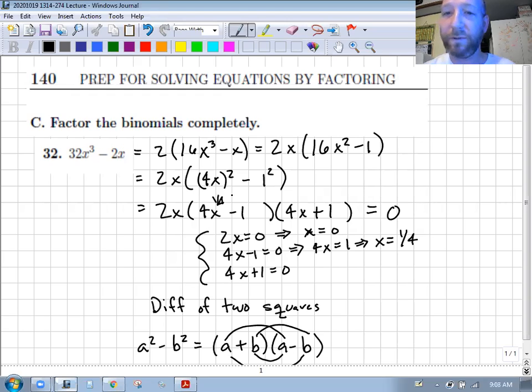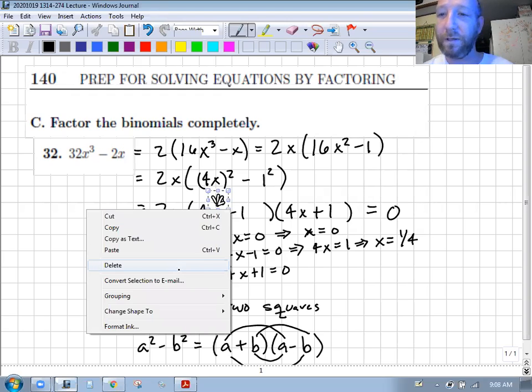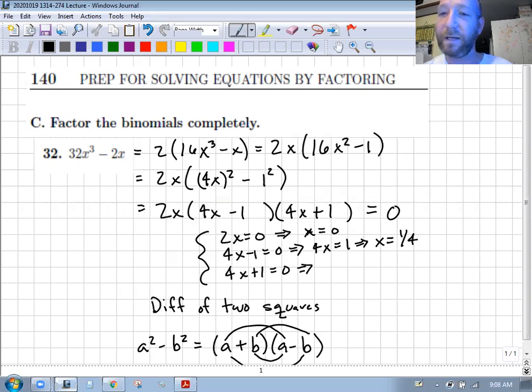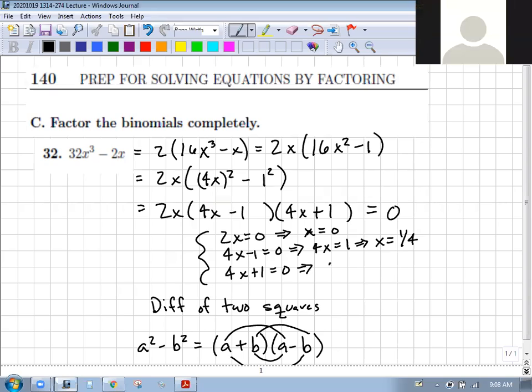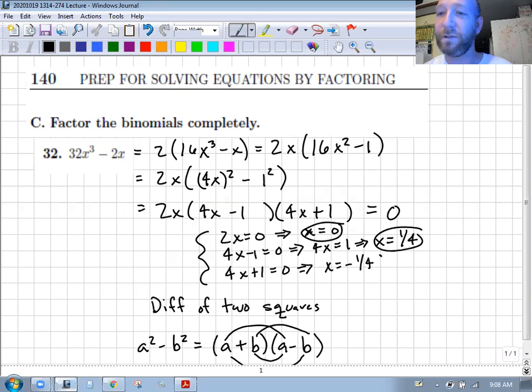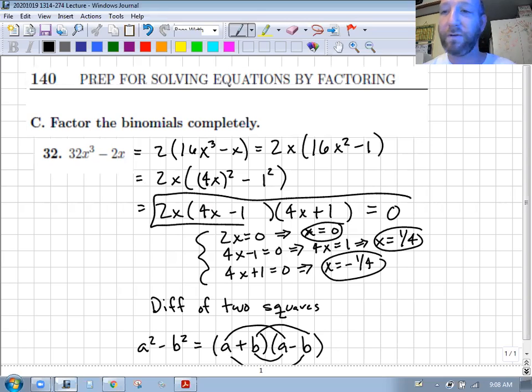So that would be equal to 0. And then this one right here would tell us that x is negative 1/4. So that would be a solution, this would be a solution, and this would be a solution, if we were solving this equation.